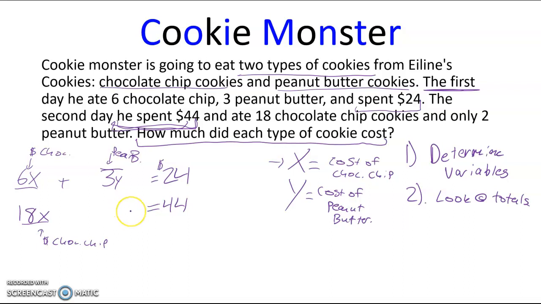And then what he spent on the peanut butter cookies was 2 times how much the peanut butter cookies cost, which is just y. And we know that these 2 combined give us $44. So we would just add these 2 together to get $44, okay?